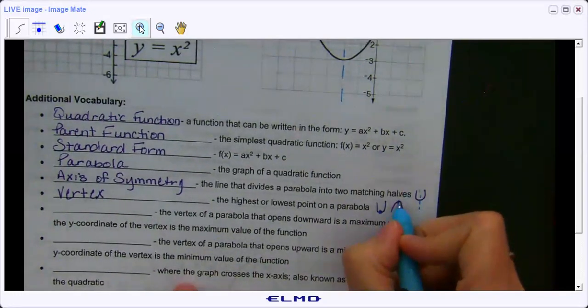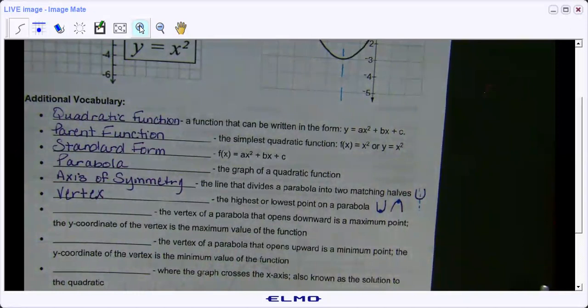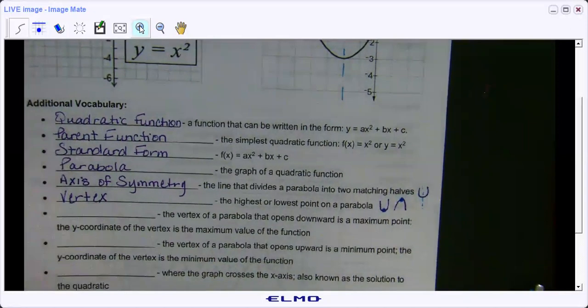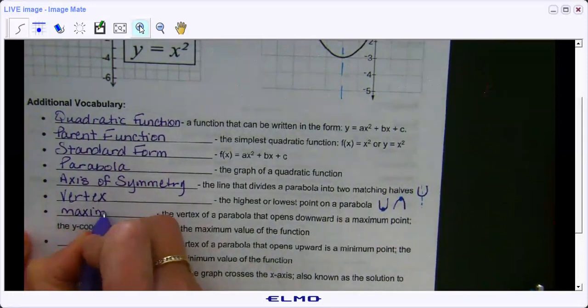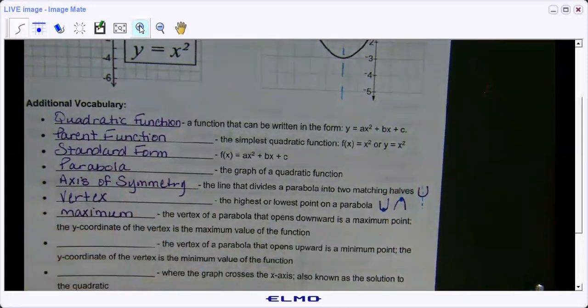The difference is if it is the lowest point, let's see, we're going to do the maximum. Okay, so this one is the maximum. This is the vertex that opens downward, and it's the maximum point of your y-coordinate.